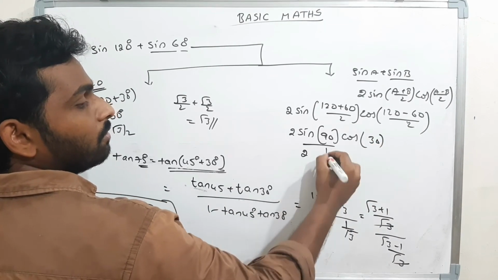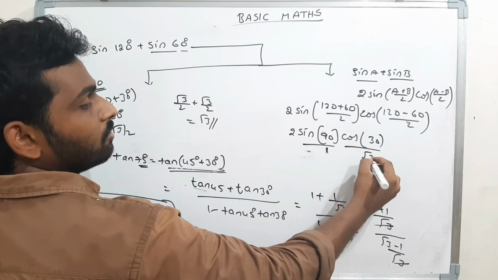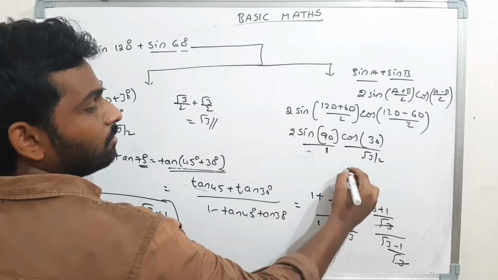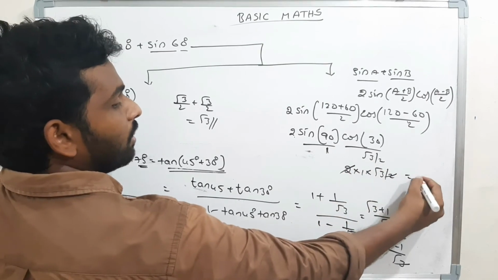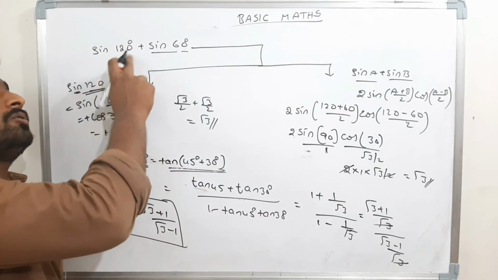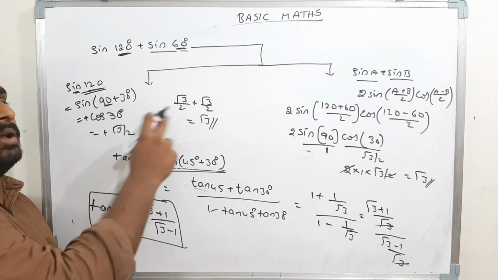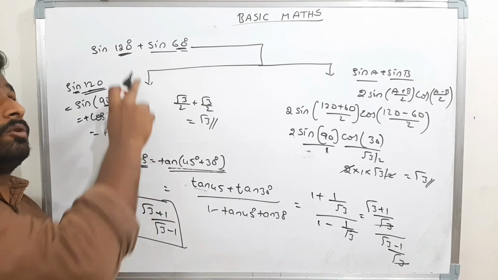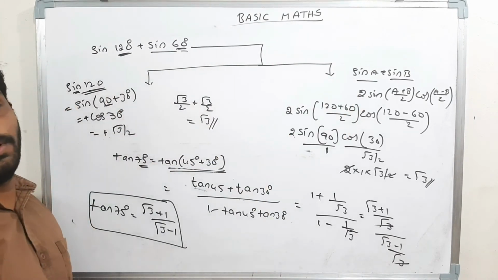Therefore 2 into, what is this value? Sin 90 means 1 and cos 30 means root 3 by 2. Therefore 2 into 1 into root 3 by 2. Answer is root 3. If these values are known values, then I can do it in this method. Simply I can add them. But if we don't know the values, then we have to do it using the formula.